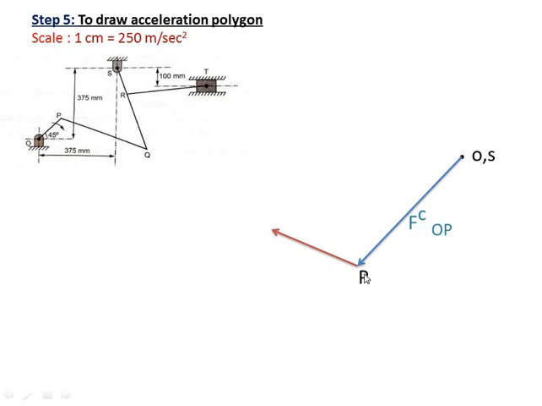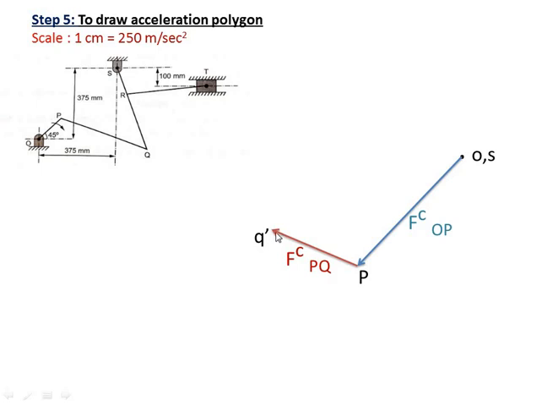Don't get confused that towards P means you have to draw it over here; it only decides the upward or downward direction. Once you get the upward direction, draw it from P upward. The magnitude is known: take the centripetal acceleration from the table, multiply it by the scale, and with that magnitude and this direction locate point Q dash. This is the centripetal acceleration of PQ.